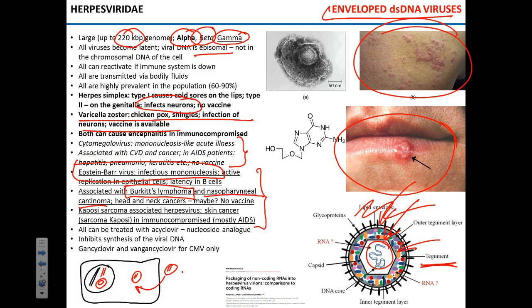Kaposi sarcoma, fungal infection of the lungs of different sorts. It can be PCP, it can be Cryptococcus, there are plenty of them. Diarrhea, probably Cryptosporidium. So when I say hallmark, those are secondary infections commonly associated with AIDS. Does that make sense?